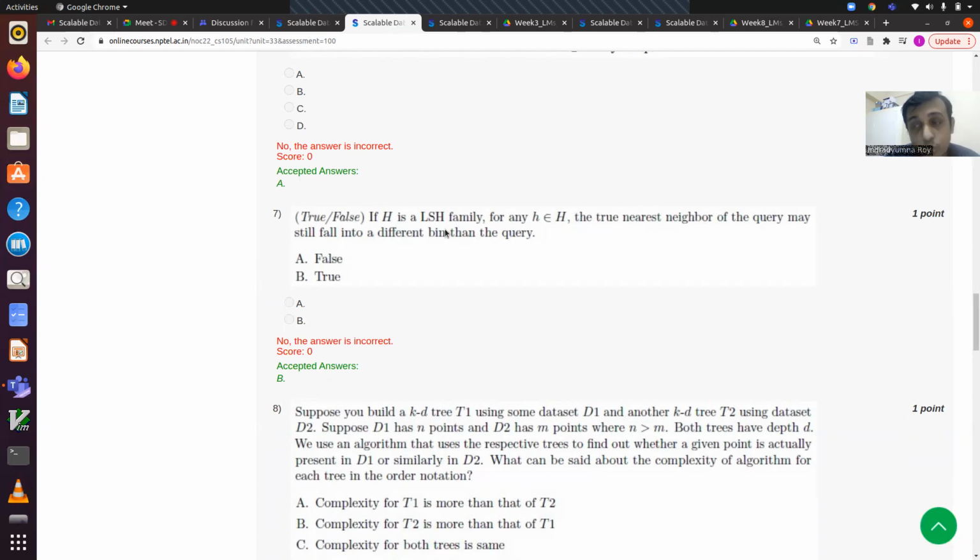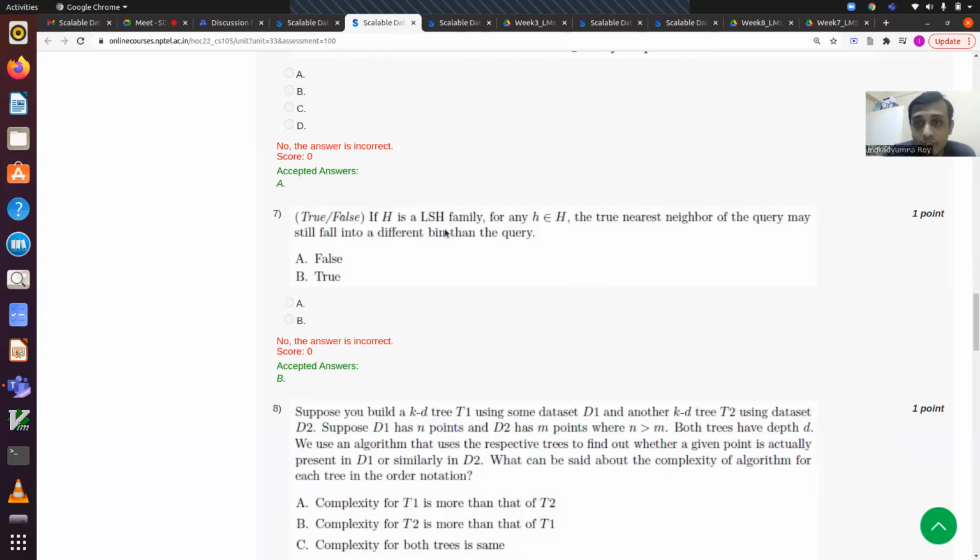What happens if it is always in the same bin? That means we can always guarantee finding the true nearest neighbor. So that is not approximate; that's a guaranteed solution. But you know that LSH is an approximate thing, which means that the query may be in the same bin as the nearest neighbor, or it may be in some different bin as well.